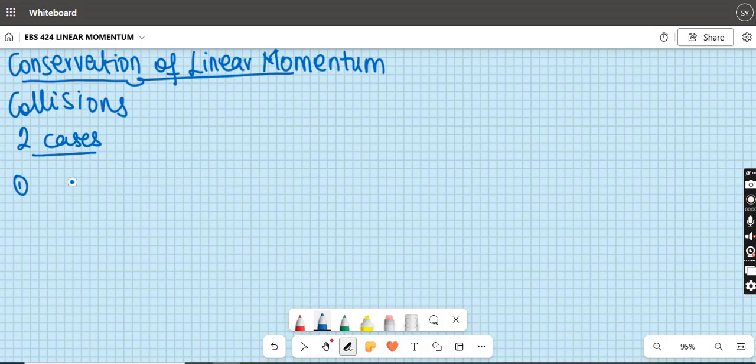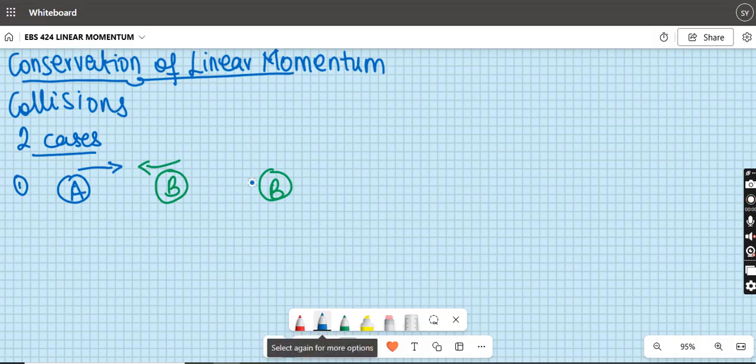Case one, if an object, let's say A, moving with its momentum, collides with an object B, also moving with its momentum. The first case is that after collision, object A and object B come together as one body and then move.